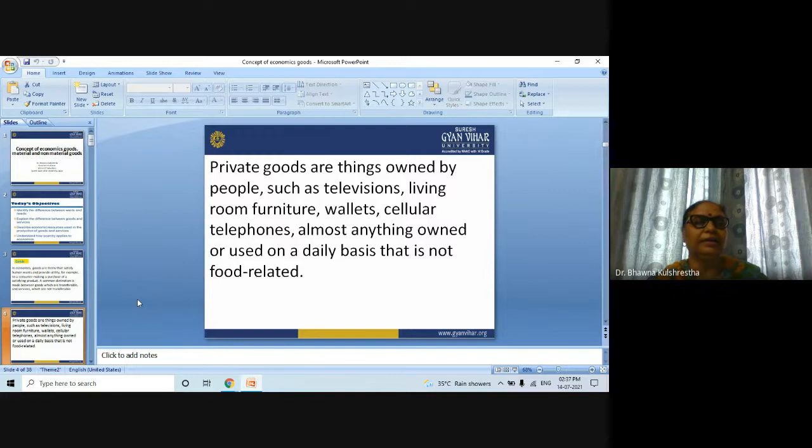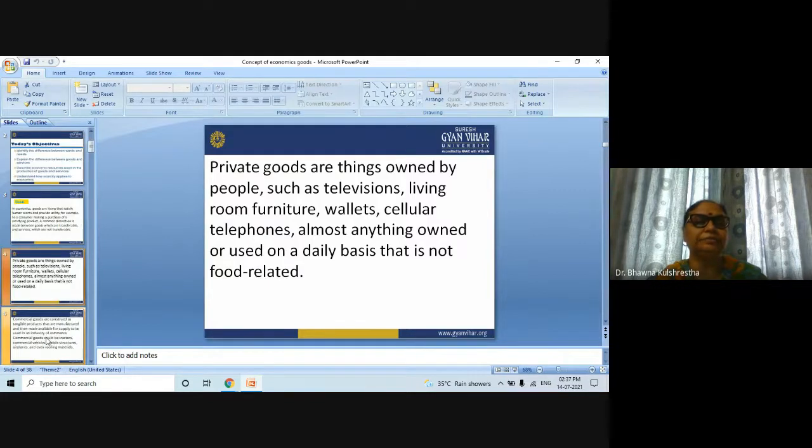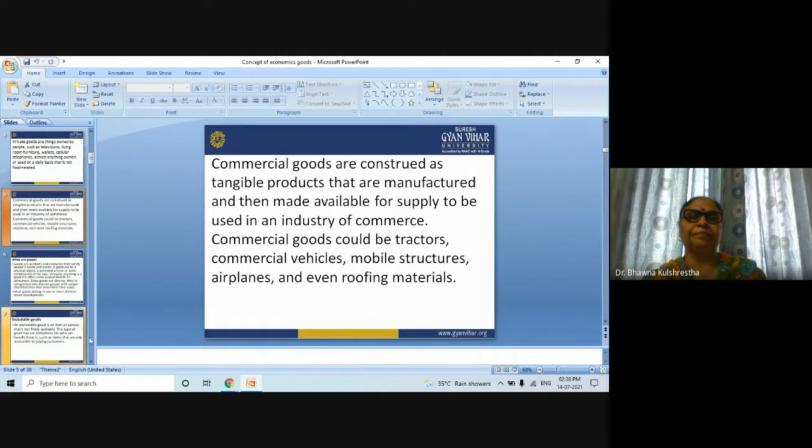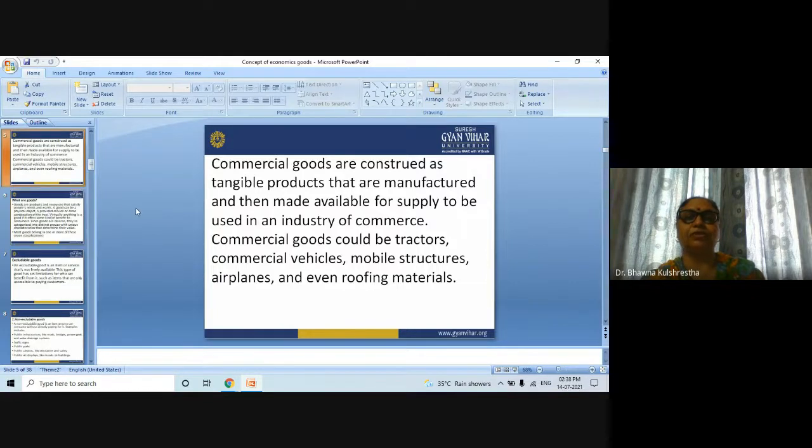And next is commercial goods. Commercial goods are construed as tangible products that are manufactured and then made available for supply to be used in an industry of commerce.